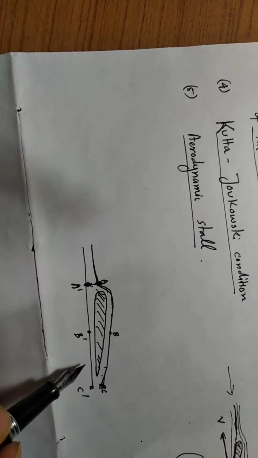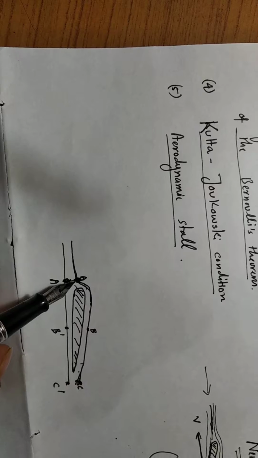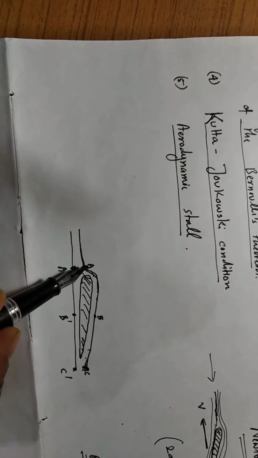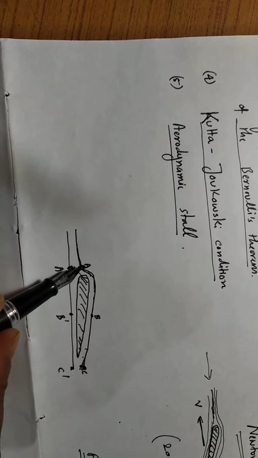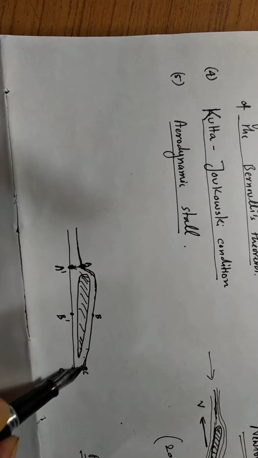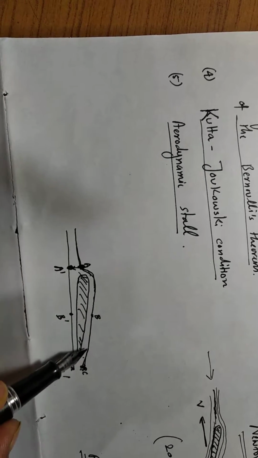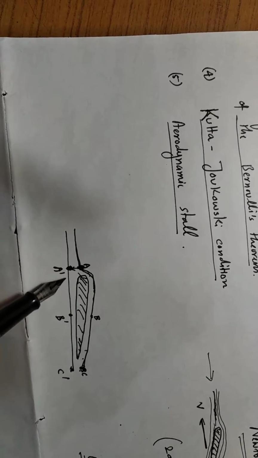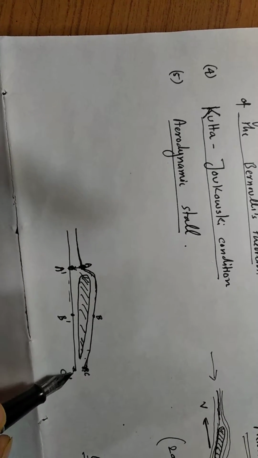Okay, but this explanation is wrong, because one thing which is known is that the two air parcels A and A dash, if they depart from the leading edge, they never meet at the trailing edge. The parcels which flow over the top reach much earlier as compared to the parcel which flows underneath the wing.